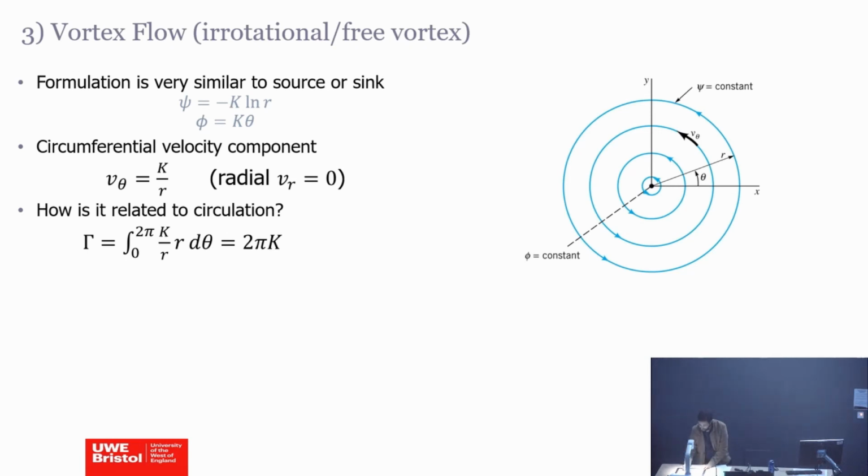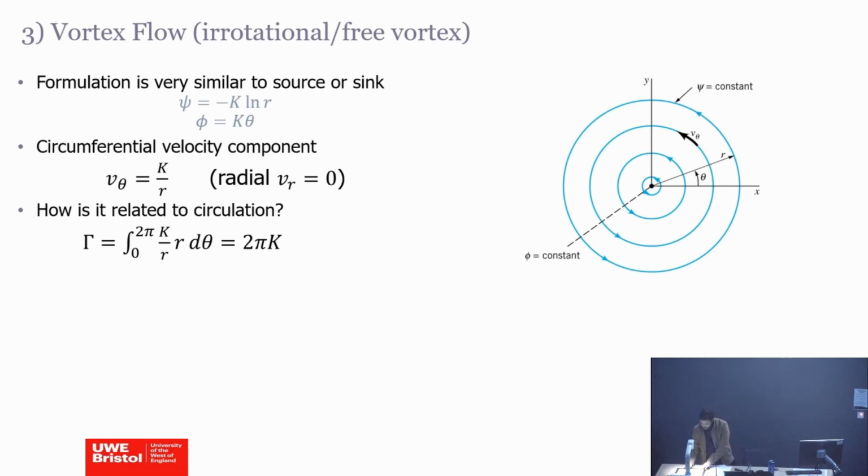And of course, that will just give you k theta. Therefore, my circulation in a vortex flow is k theta. 2 pi. What happened to the 2 pi here? Sorry, because I went already from 0 to 2 pi. Apologies. So it's k 2 pi.